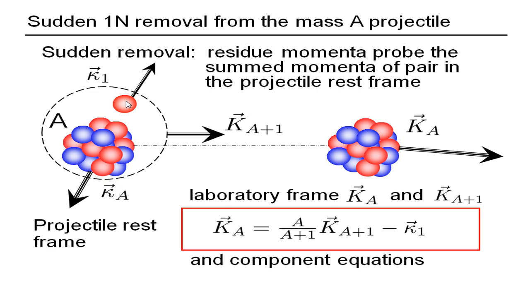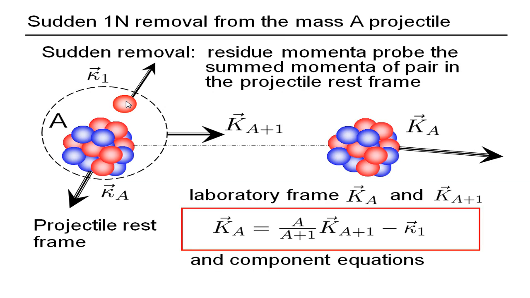Okay, and so what happens then is that if this is just the projectile, if instantly the target comes along at 0.6 of the speed of light or whatever, the target goes whizzing by and instantly takes that one out. Then this guy carries a memory of what momentum that one was carrying.